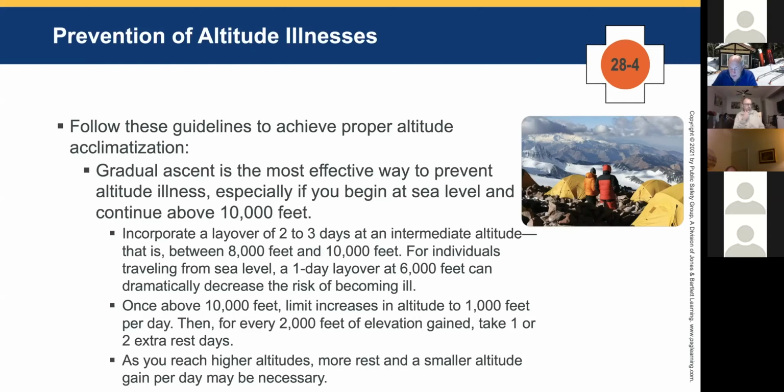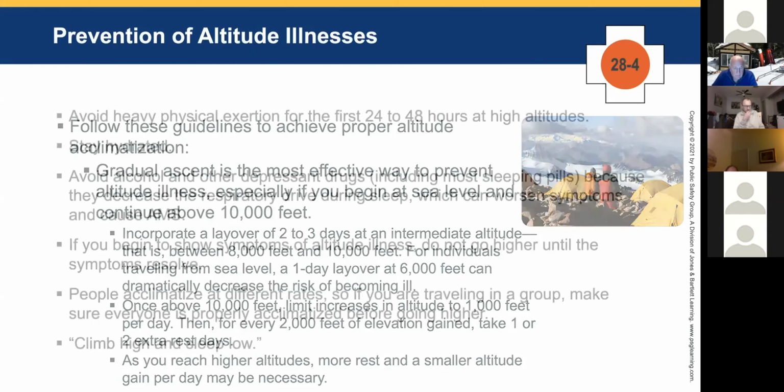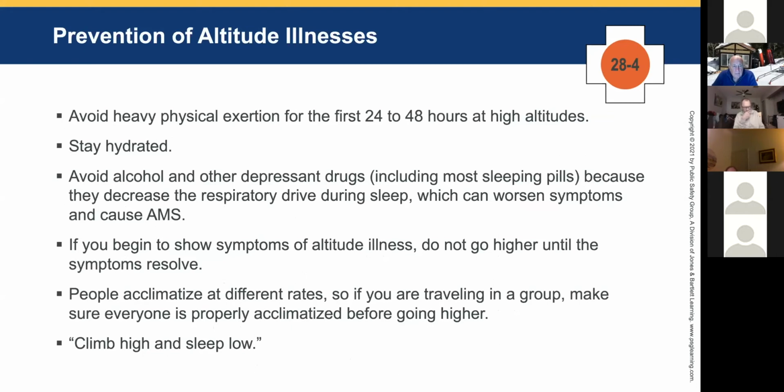So you want to replace the fluid in your body. I think this answers your question. Stay hydrated. Take it easy for the first 24 hours, 48 hours. Alcohol, not great. If you begin symptoms of altitude sickness, don't go higher till the symptoms resolve.